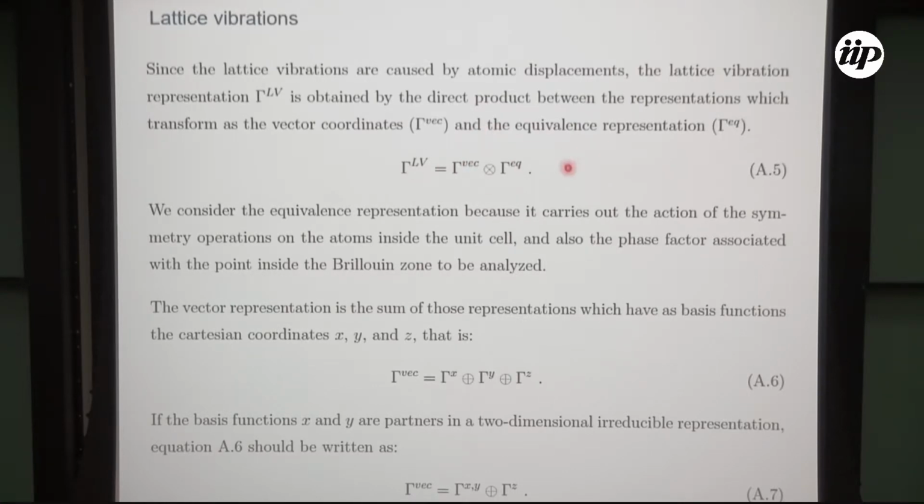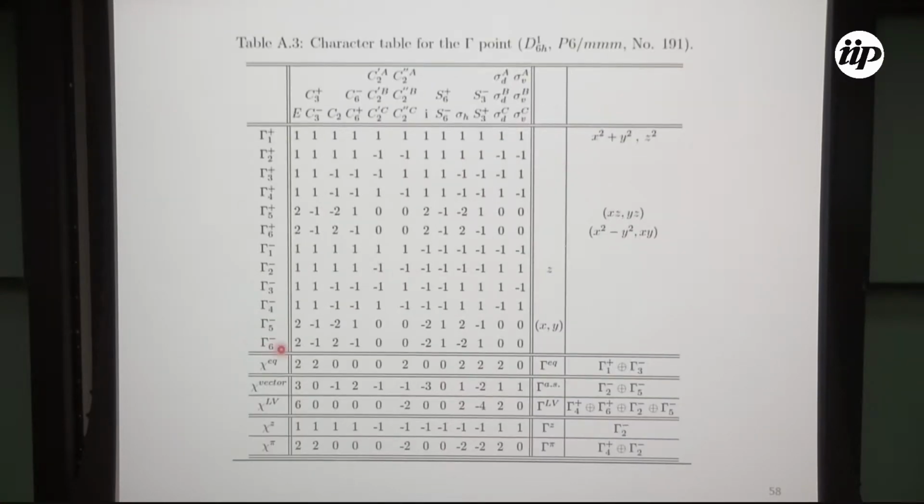What we have to do now is, once we know the equivalent representation, and how do we know this? We calculate the matrices, then we know the characters of these representations. The characters are here.